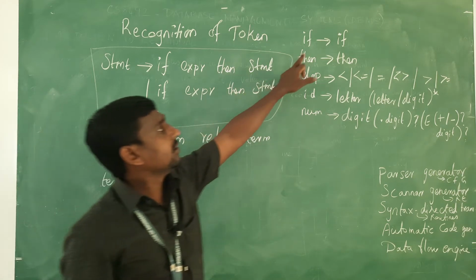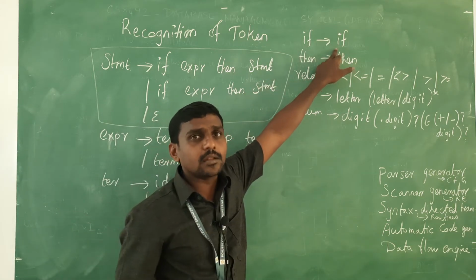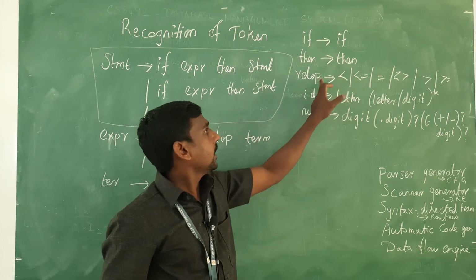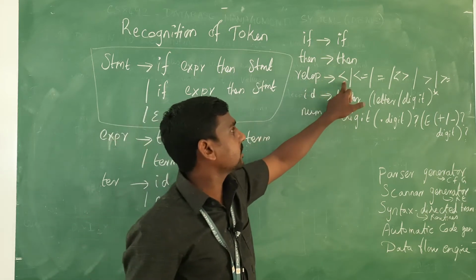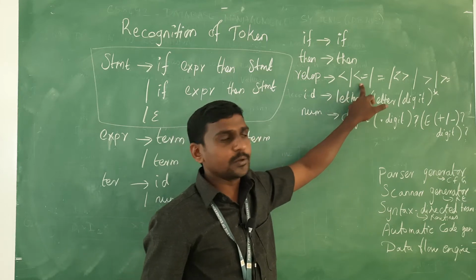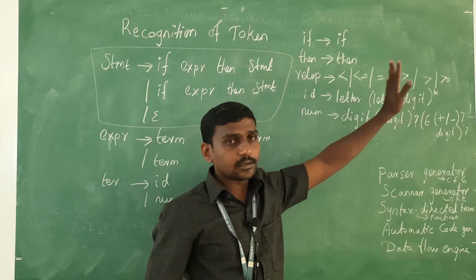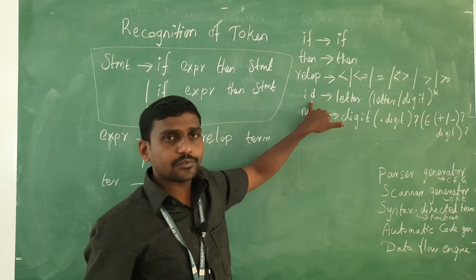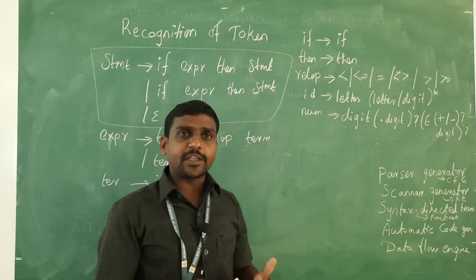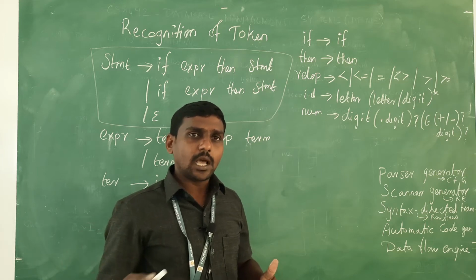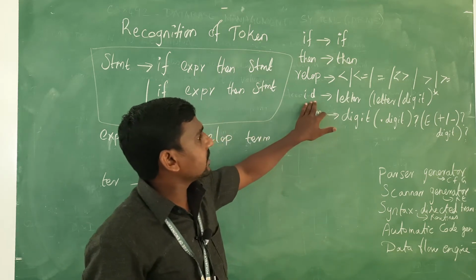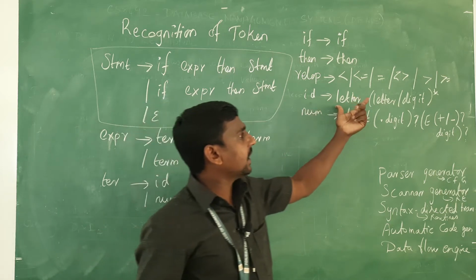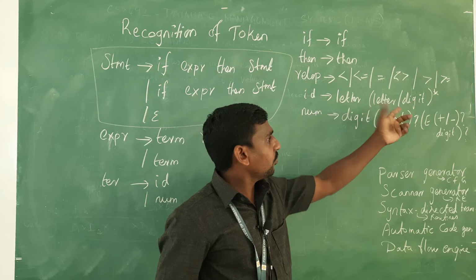For example, if is a terminal, and then is also a terminal. Relational operators we know: less than or equal to, greater than or equal to, not equal to, etc. ID is an identifier, the value the programmer gives as input. An identifier may be a letter or digit or both.